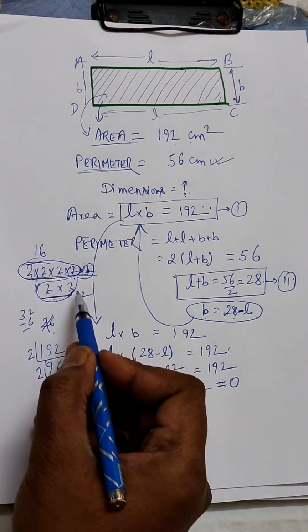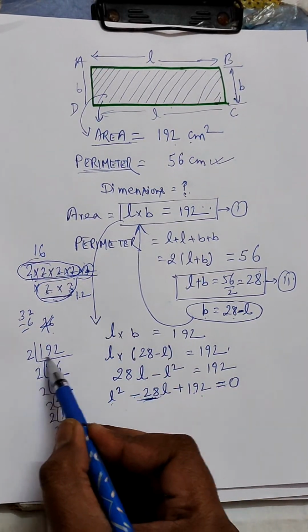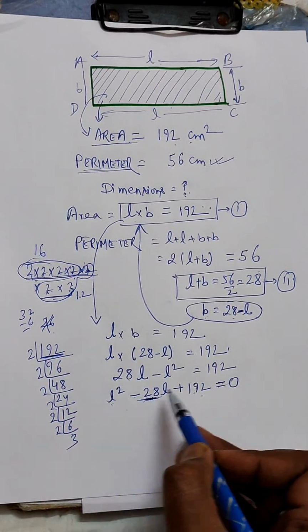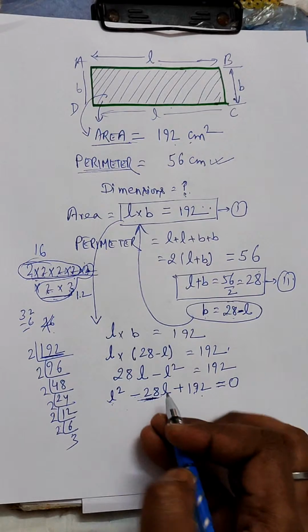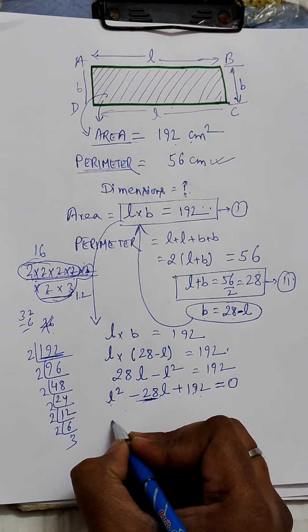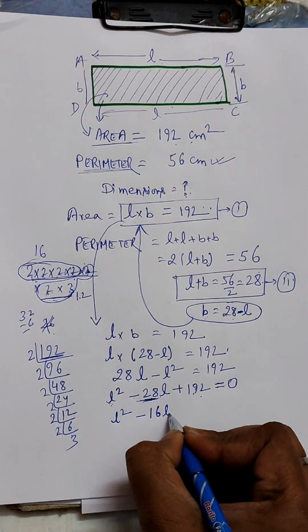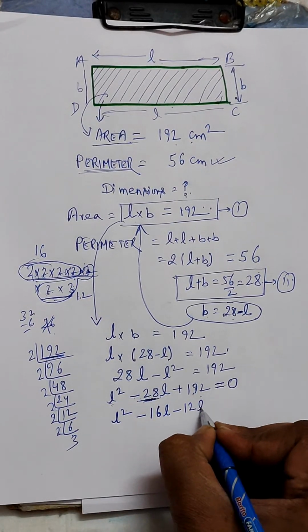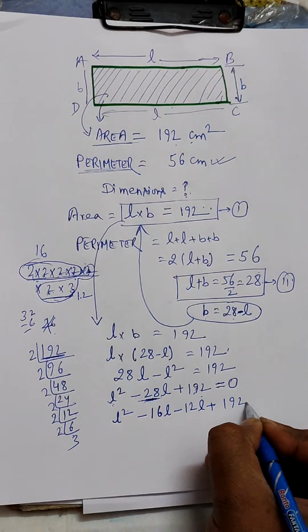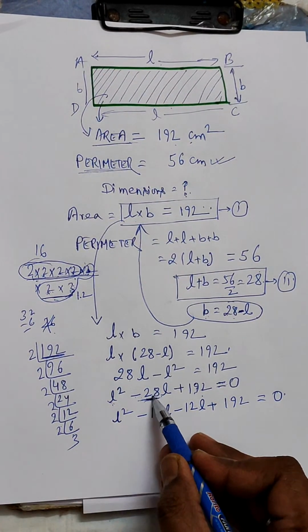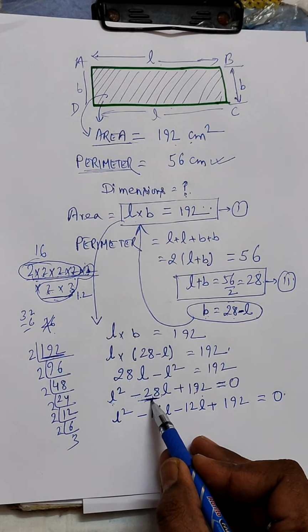Because 16 into 12 will give you 192, and this is the product of the first and last term. So this can be split like this: L square minus 16L minus 12L plus 192 is equal to 0, right? So we have split the middle term now.